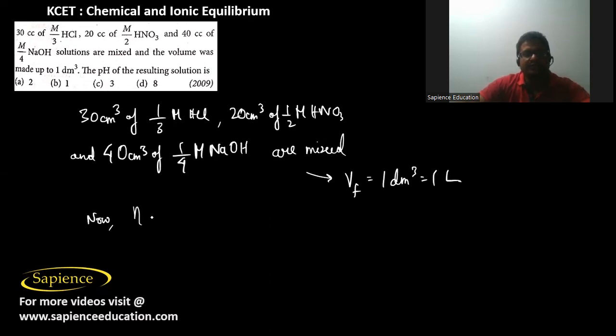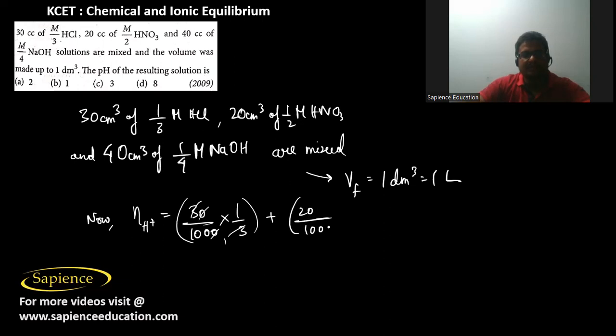Now the number of moles of H plus will be equal to, 30 centimeter cube, that is 30 ml, so 30 by 1000 liter times 1 by 3, that will be 0.01 mole, which is the H plus obtained from HCl, plus we have to add the number of moles of H plus obtained from HNO3.